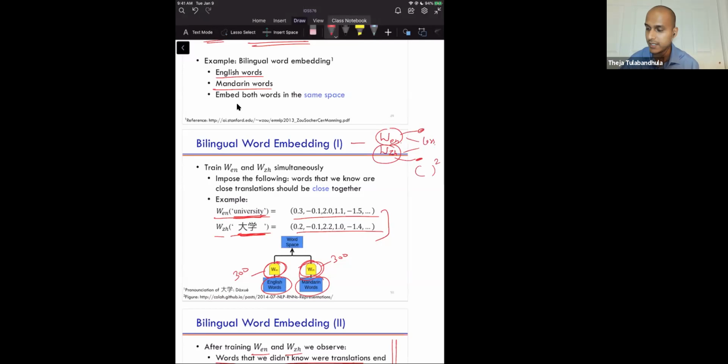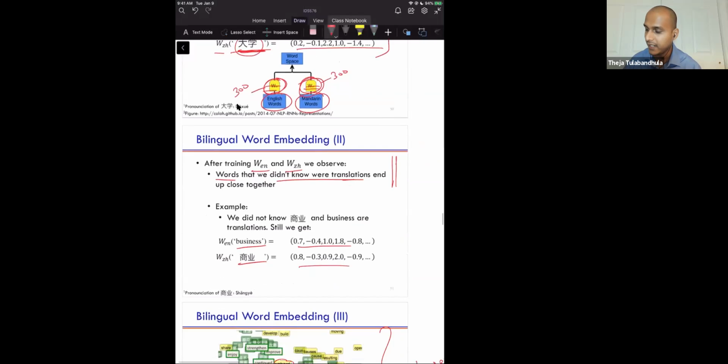So university and this word here, you prefer that their word embeddings are the same. Then you can impose that in your loss function, and the embeddings that you get for English and Chinese will be aligned with each other.